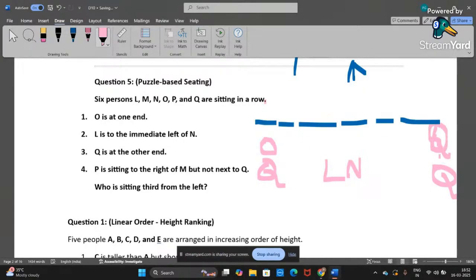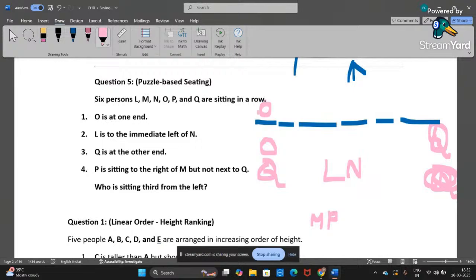Let's take this as Q and this as O. That means P should not be near Q, right? So we'll try to write the answers here.